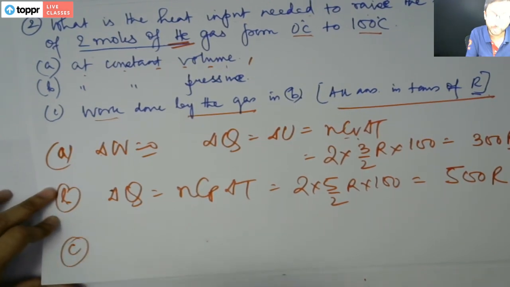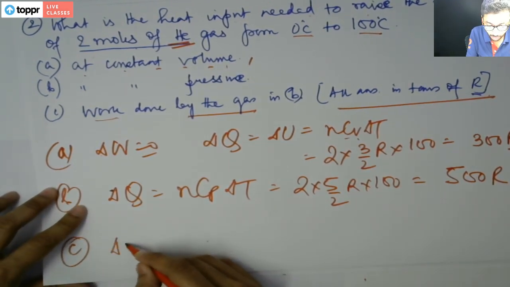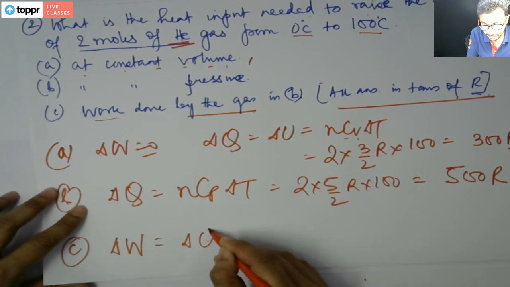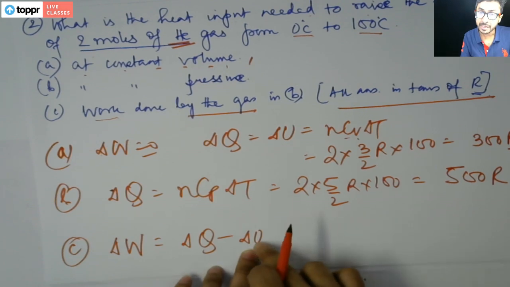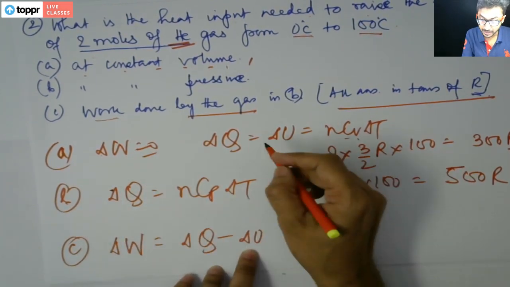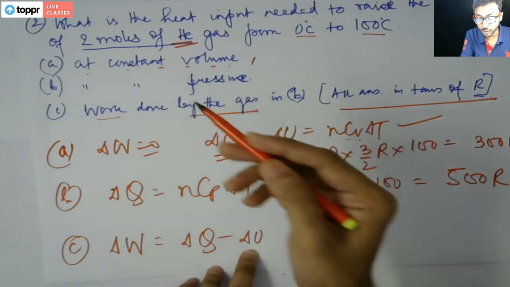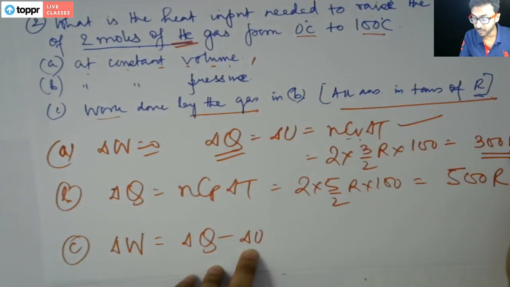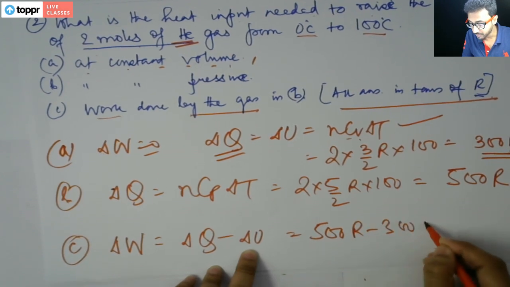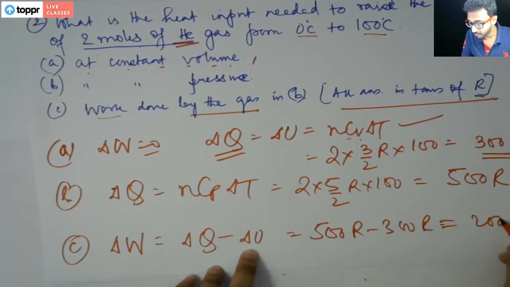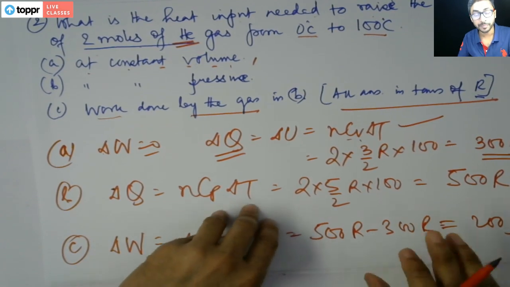Work done is nothing but del Q minus del U. Del U is the heat in at constant volume, which is 300 R. So it is 500 R minus 300 R, that is 200 R.